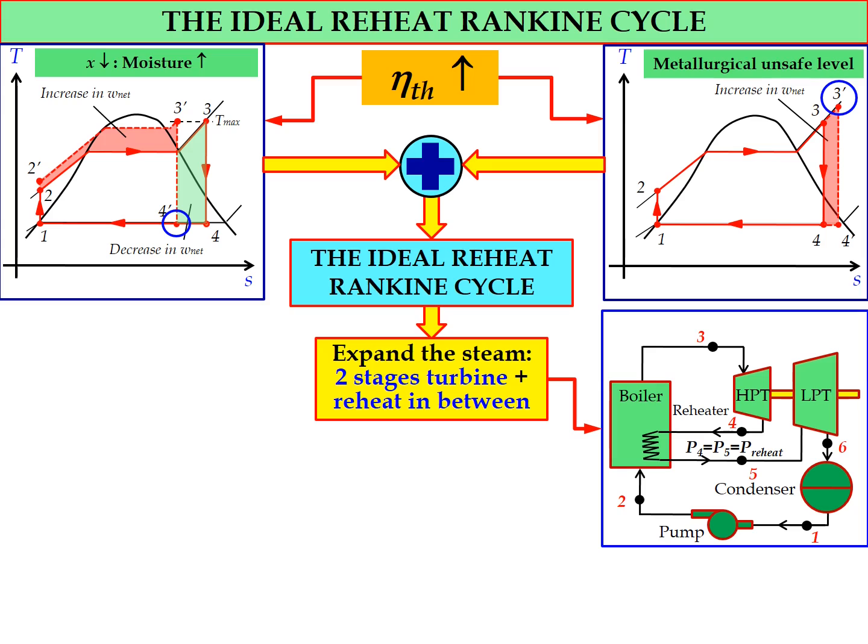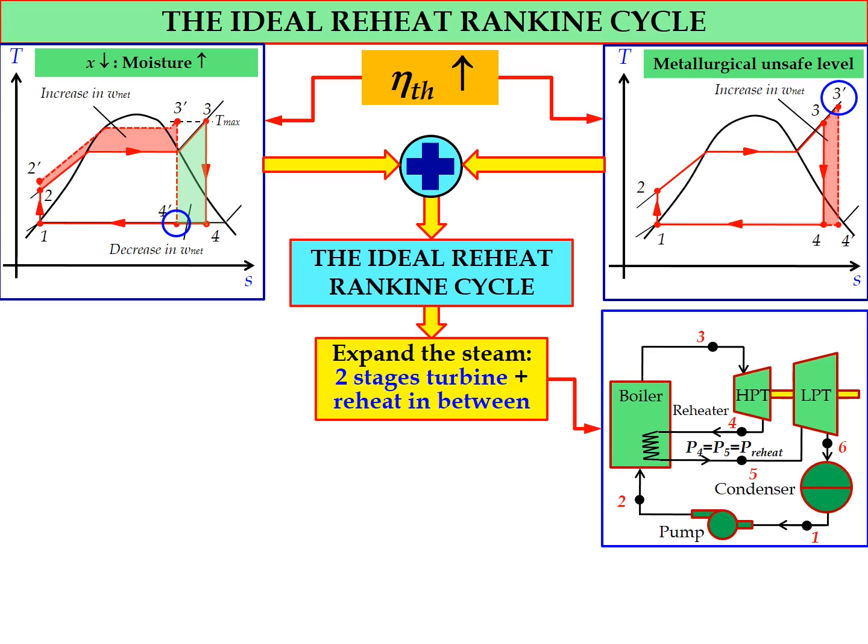Okay, so the water from the pump will enter the boiler, and the boiler will increase the pressure and also the temperature of the water and produce superheated steam, and the superheated steam will enter the high pressure turbine. After the expansion process in the first stage of the turbine, the steam will again enter the boiler for the reheating process, where for the ideal case the pressure during the reheating process will be constant.